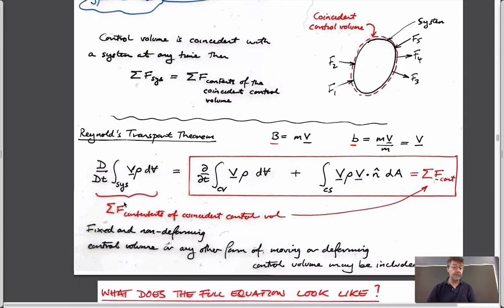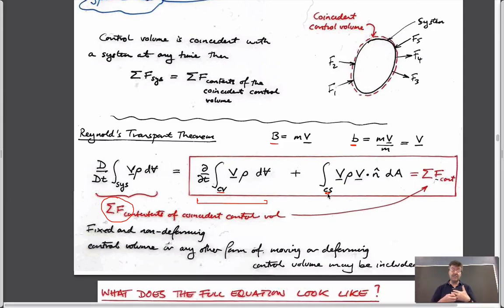And as a result of that, what comes out of it is, from our generalized expression, the fact that the sum of forces has to equal a rate of change of momentum within the volume plus the amount of momentum that goes into or out of that volume across the control surface.